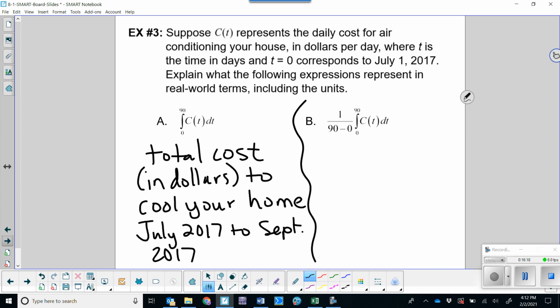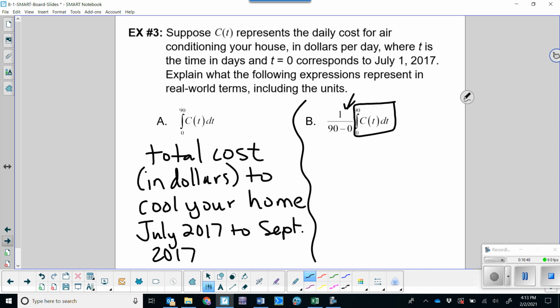Okay, B. Well, if this part is the total cost and then I divide it by 90 days, then I now have dollars over days again. So that means this is the average cost to cool my home in dollars per day, right? Because I integrate, I got dollars. So now I'm integrating, but then I'm dividing by days.